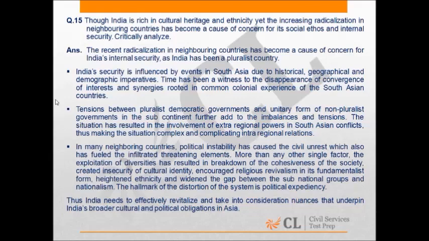So we can see that the diverse ethnic differences across the Indian subcontinent, if not tackled well, can be a threat for India's internal security as well, because India is not free from any type of upheaval in the Indian subcontinent.